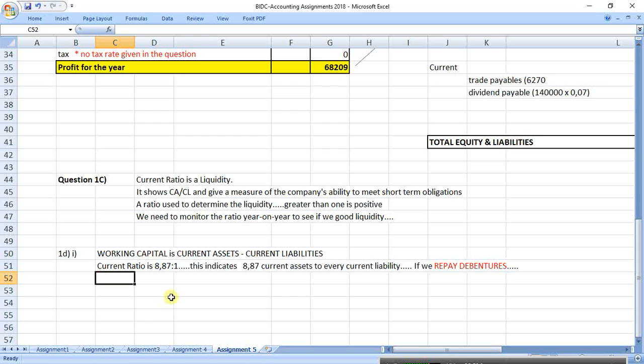What does that indicate? 8.87 current assets to every current liability. Right, if we're looking at repaying debentures, we obviously need to know what a debenture is, right? So that's what we're trying to establish here. Okay, because we're looking at the effect of. Okay, so if you know what something is, then you'll know how to apply, okay, the theory.